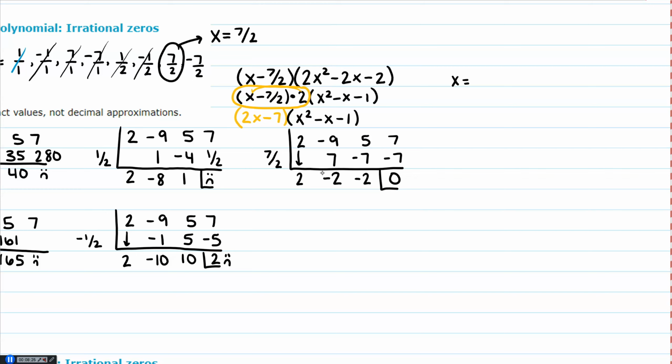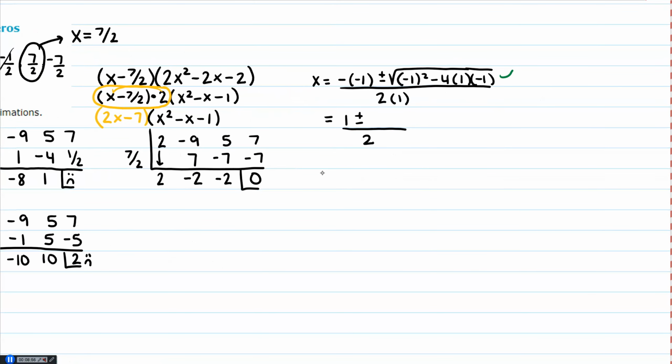X equals -b plus or minus the square root of b squared minus 4ac, all over 2a. So that's +1 plus or minus, and then underneath is a 2.